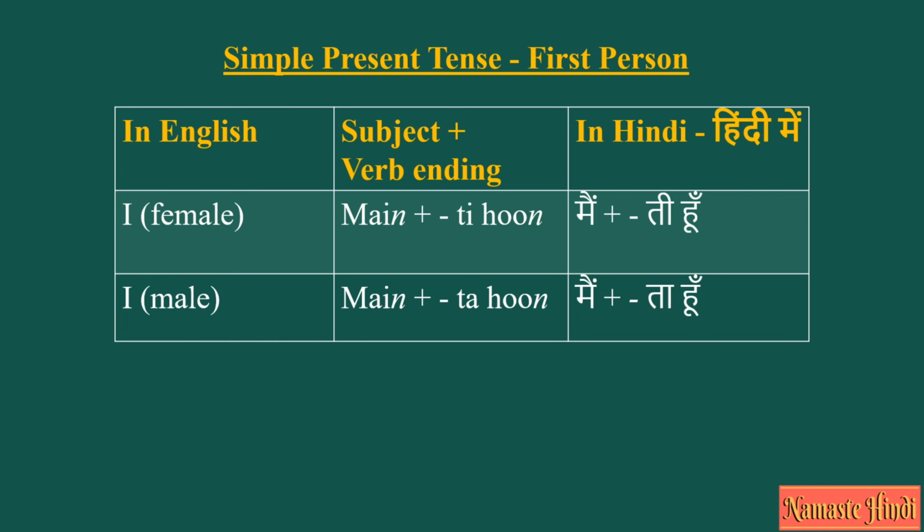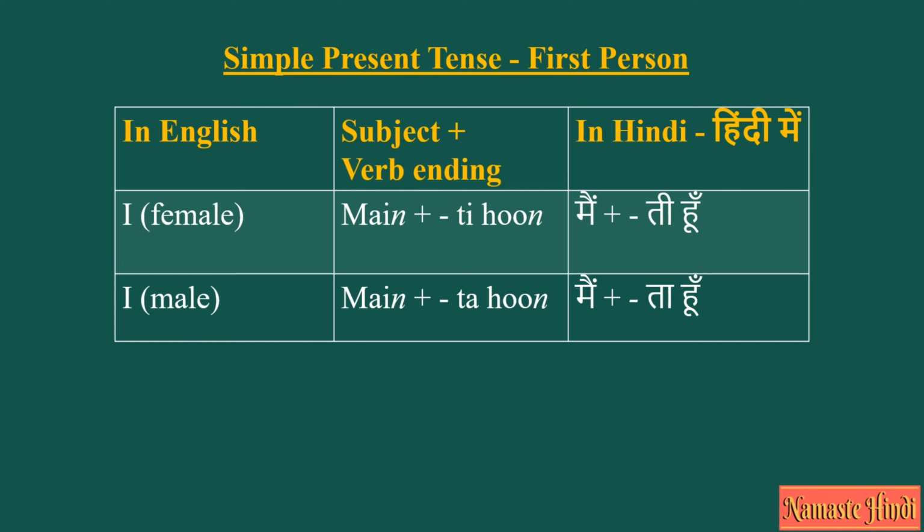Simple present tense, first person. As from our previous pronoun video, we know in Hindi I is main. In Hindi, if you are female, the suffix or verb ending you use is ती हूँ. You don't need to pronounce the N. It's just a nasalization sound at the end of the word, like in main. If you are male, then you would add ता हूँ.